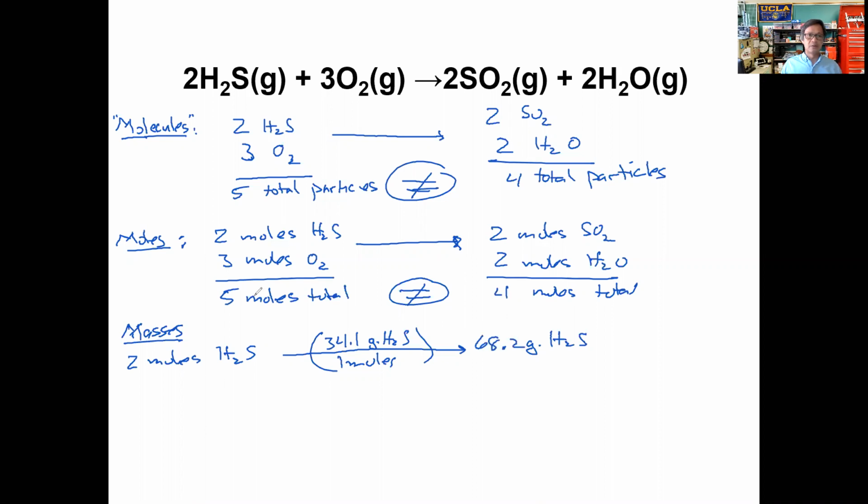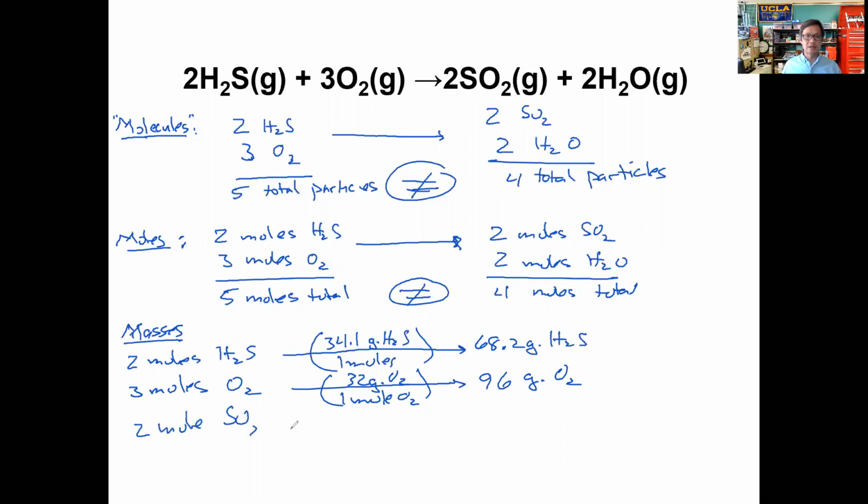Okay, 3 moles of oxygen, O2. You get the grams of O2. This one's going to be 32 grams per 1 mole of oxygen, which gives us 96 grams of oxygen. Doing the same thing with the 2 products, we have 2 moles of sulfur dioxide.